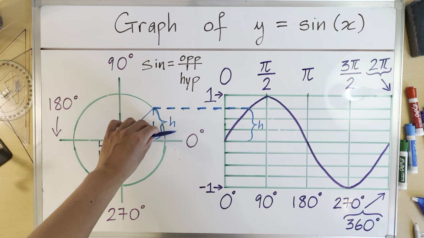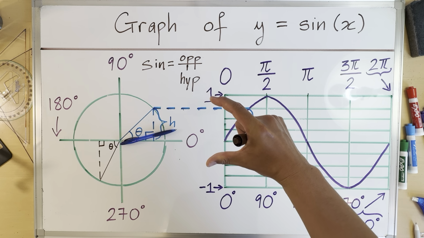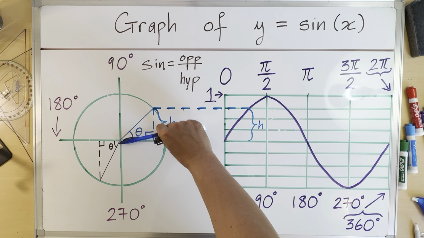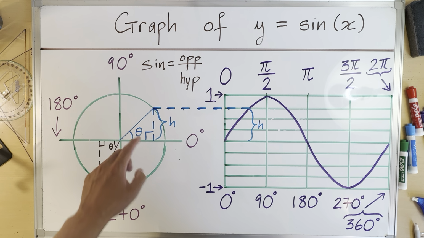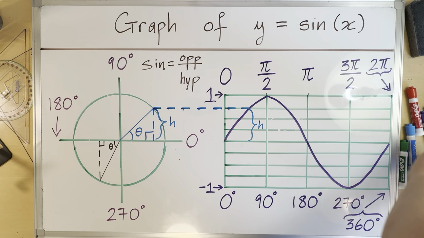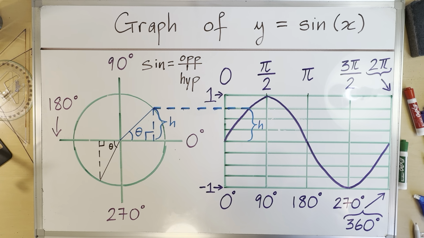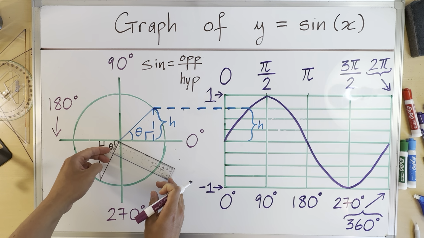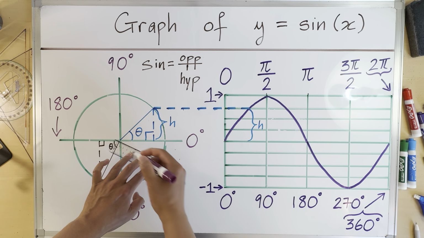once again, the side of the right-angled triangle that is opposite to angle theta, which is this part right here. Actually, I'm going to make a separate drawing. Let's suppose we have this right here.